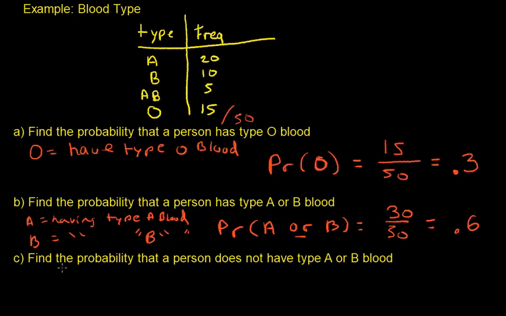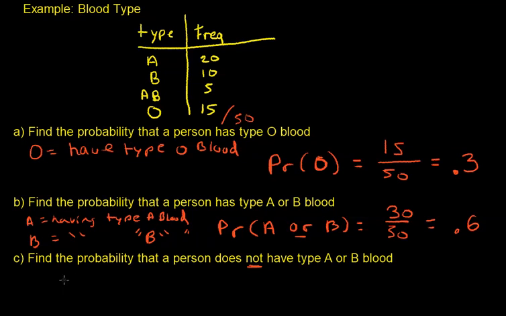All right. Let's go on to part C. Find the probability that a person does not have type A or B blood. That means they have AB or O blood. If they don't have A or B, then they must have AB or O blood.